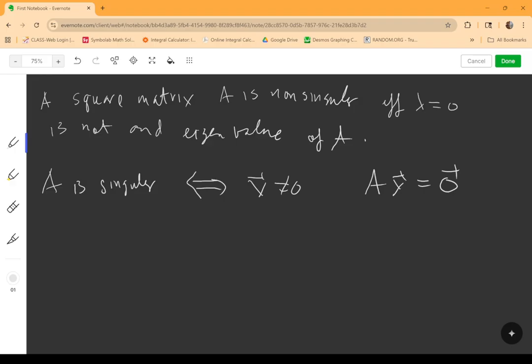That is what it means to be singular. Now, when this is true, I can rewrite the zero vector as 0 times x, and again, x is a non-zero vector.